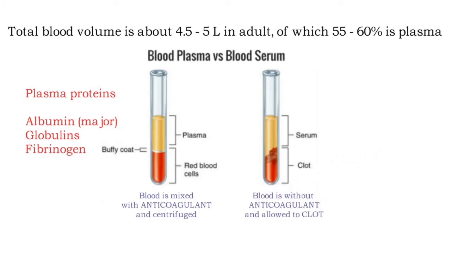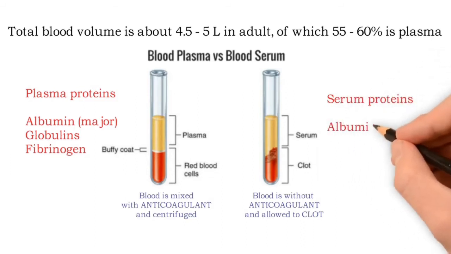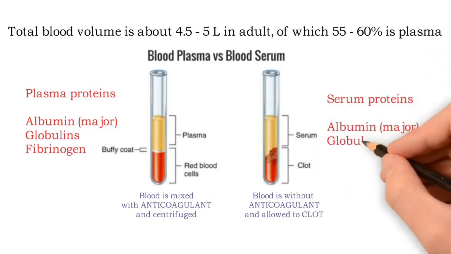But when blood is collected without an anticoagulant and allowed to clot, what we get is serum, which is defibrinated plasma, because fibrinogen is used in the clotting process. So serum will have proteins, the major being albumin and globulins.